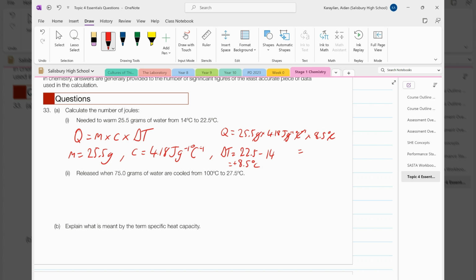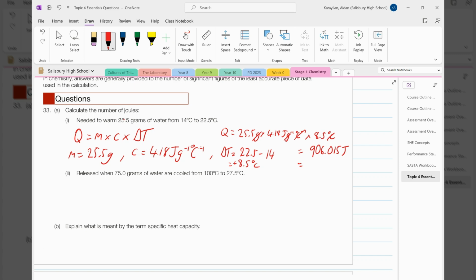If I just put that into the calculator, 25.5 times 4.18 times 8.5 equals around 906.015 joules.